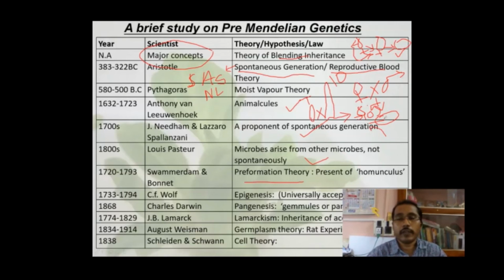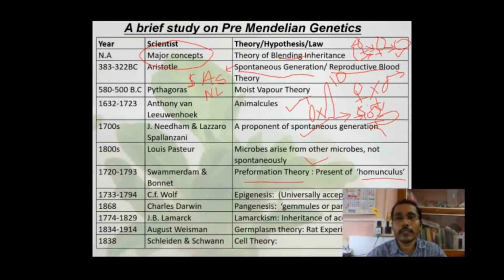Pre-formation theory, what is this? Basically, according to this theory, the male body and female body are like animalcules also. The male body or female body already has a homunculus, a small organism.